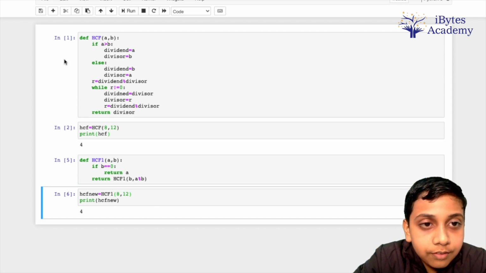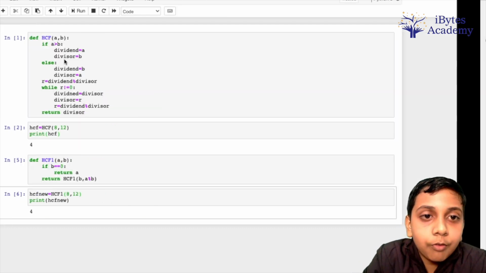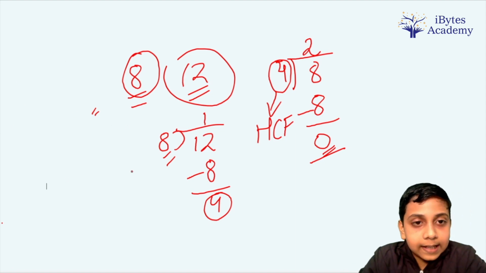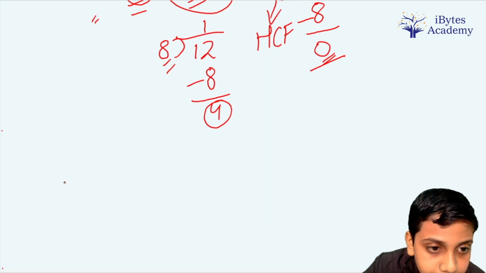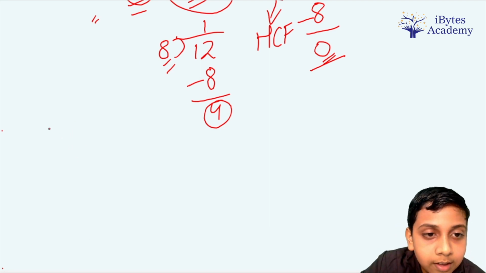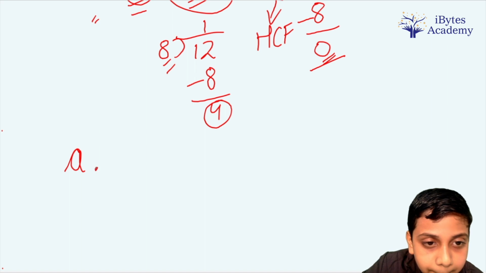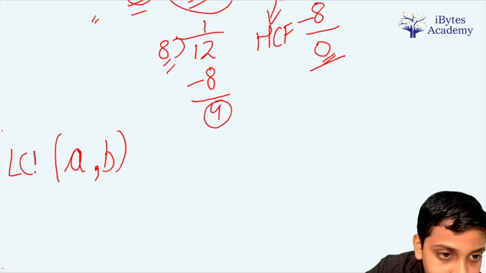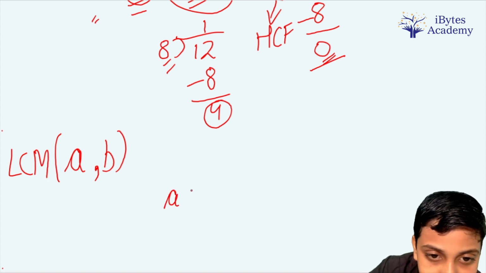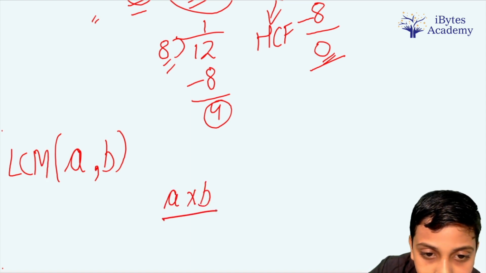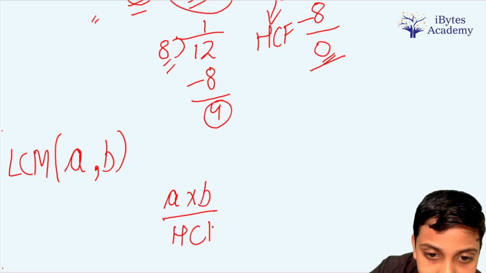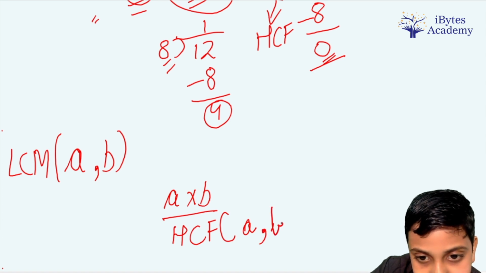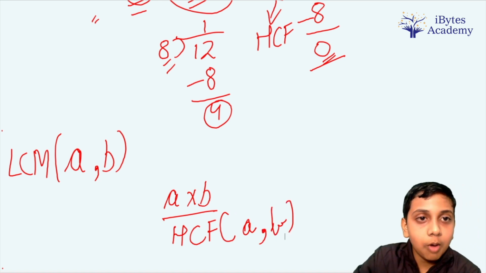Now after the HCF, let's try to find the LCM of two numbers. For taking the LCM of two numbers, the LCM of a comma b should be a into b upon HCF of a comma b.